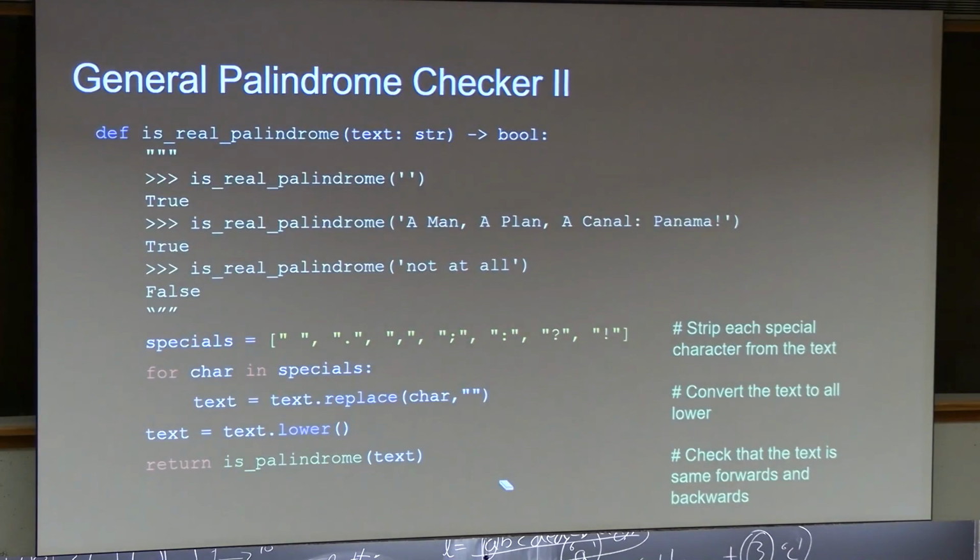Moment of truth. I won't really explain this, but if you want to know, you can. You have described a list of all the special characters, which is empty, dot, comma, semicolon, the whole thing.